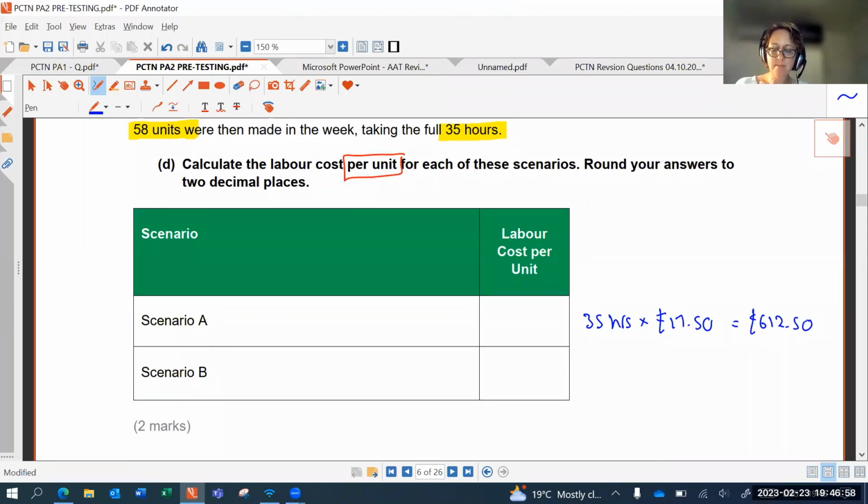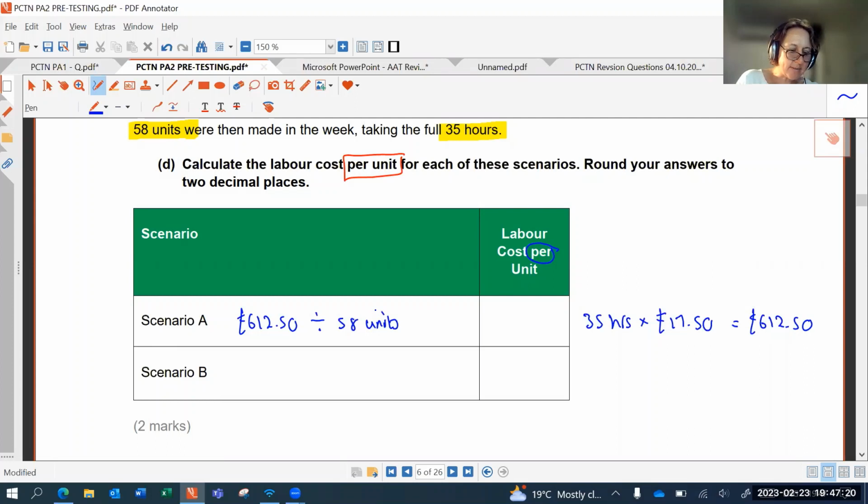Is that the answer to the question? No, because the question says, what is the cost per unit? So remember, the per is like a divide sign. So take the labour cost, £612.50, per will divide by the number of units. That labour cost has to be shared out over the 58 units that were made.